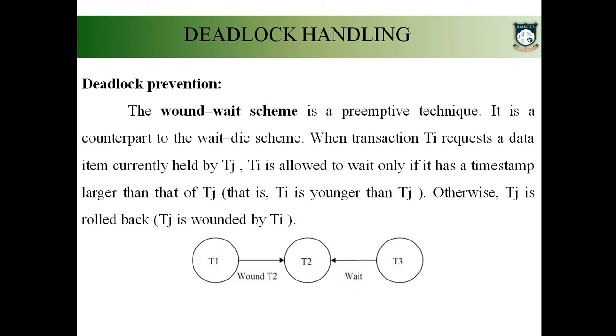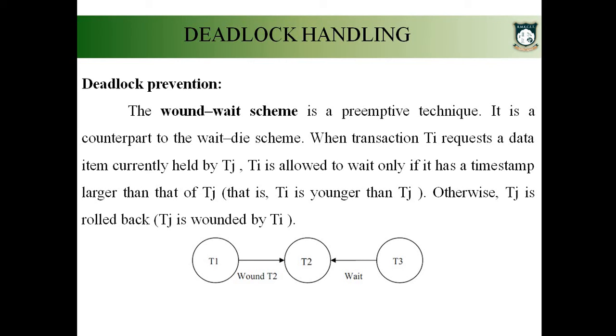T1 is requesting a data item which is presently held by another transaction, T2. And the timestamp value of T1 is found to be lesser. So if the requesting transaction's timestamp value is lesser than the already locked transaction, then we make the locked transaction roll back. It is going to wound the already locked transaction.